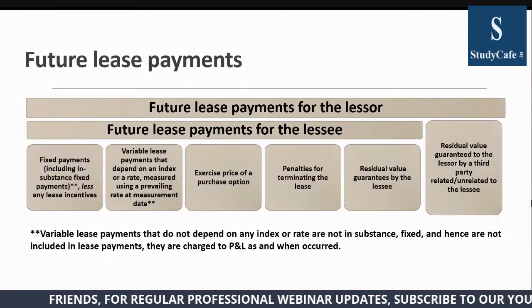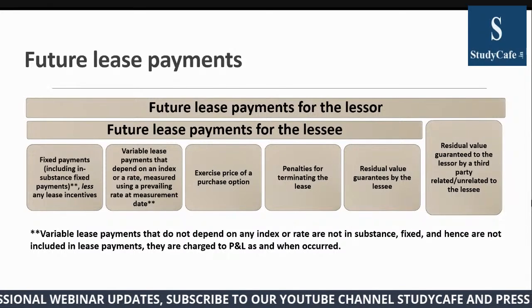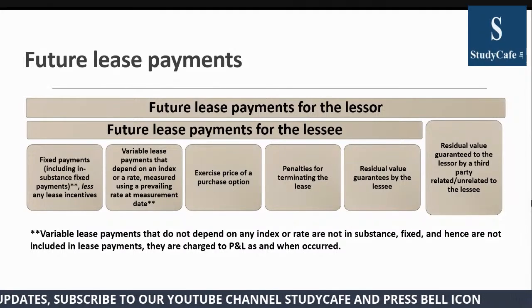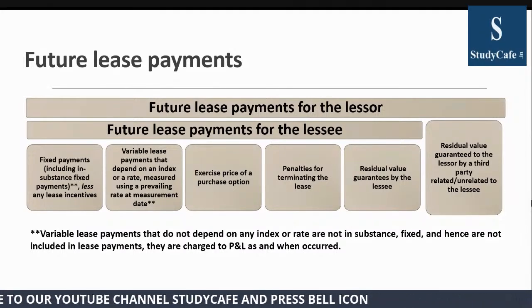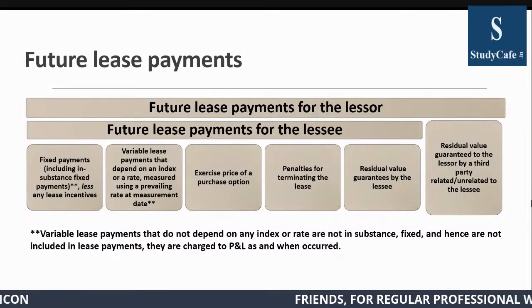Otherwise, fixed payments and variable payments that are dependent upon an index or a rate are definitely included. And the last part is the residual value that is guaranteed by the lessee. If the lessee has guaranteed a residual value, that component is also included in the future lease payments.